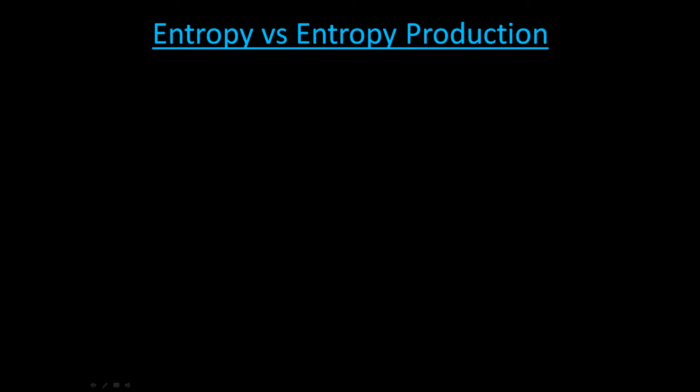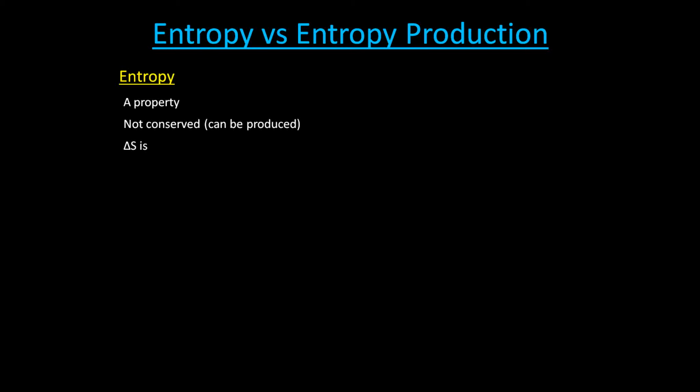Now, just to quickly differentiate between entropy and entropy production, because it can be a confusing topic sometimes, we'll start with entropy. Entropy is a property. It does describe a state; it's a value at a state. It is not conserved, though. Unlike energy, it can be produced.